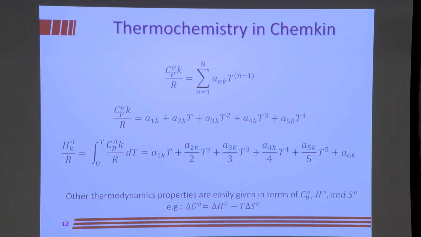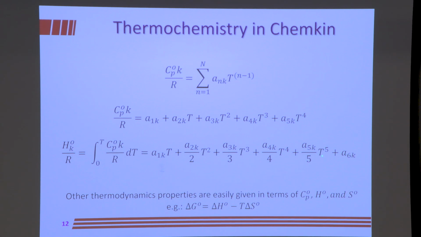So, and then if we want to get enthalpy over R, that's the integral of Cp over R dT. And so if we integrate this here, the integral of A1 is A1 T, the integral of A2 T is A2 T squared over 2. You've got A3 T cubed over 3, and so on.